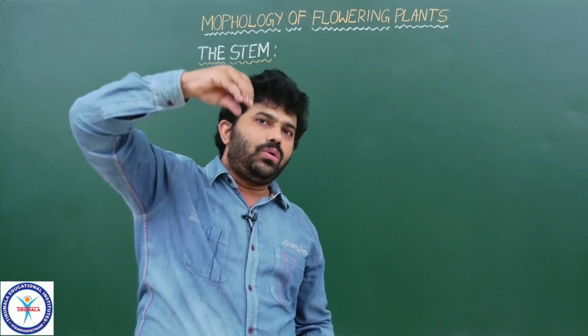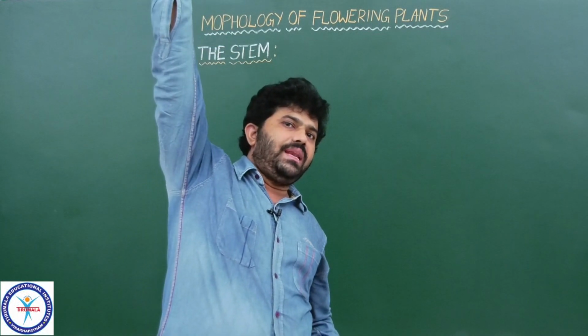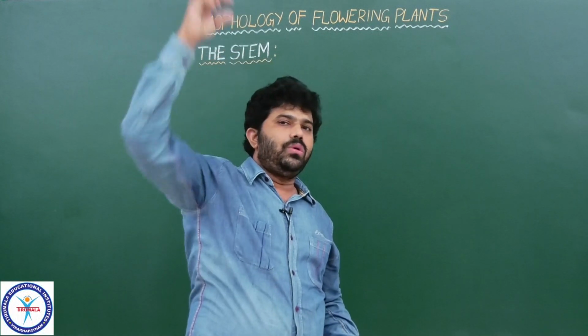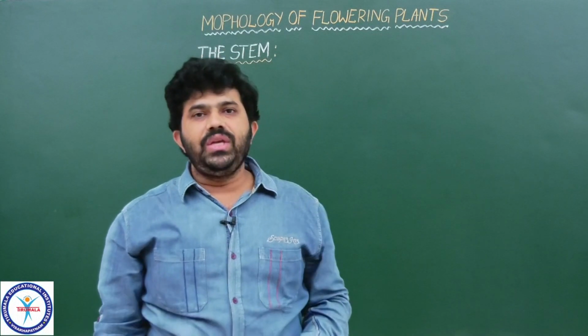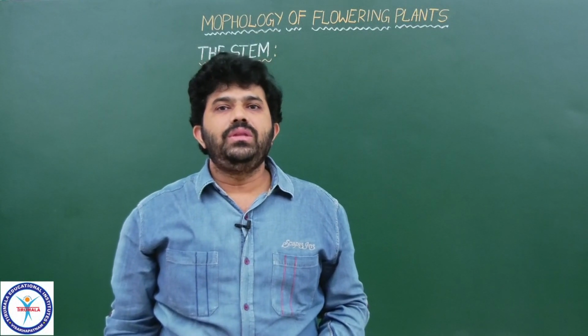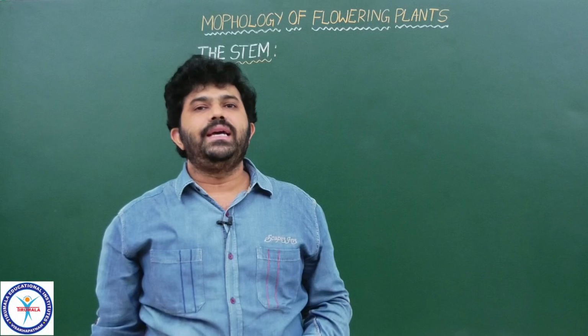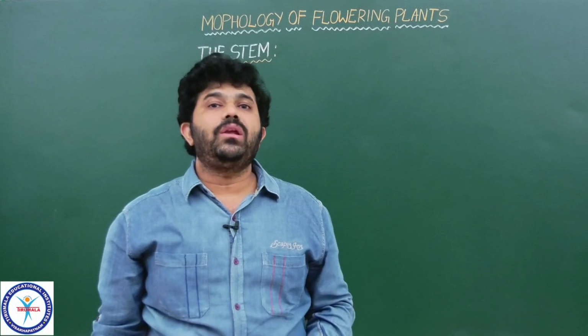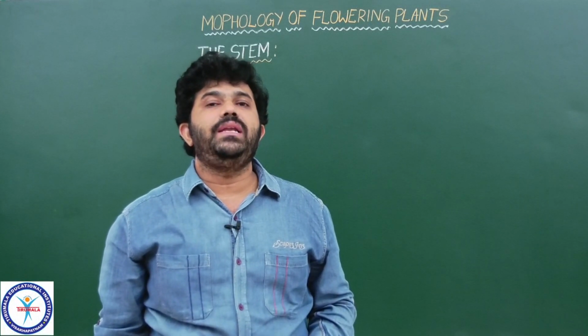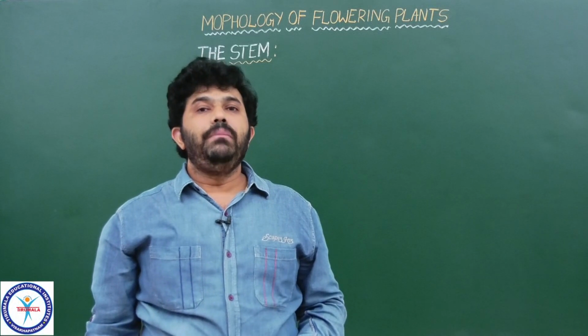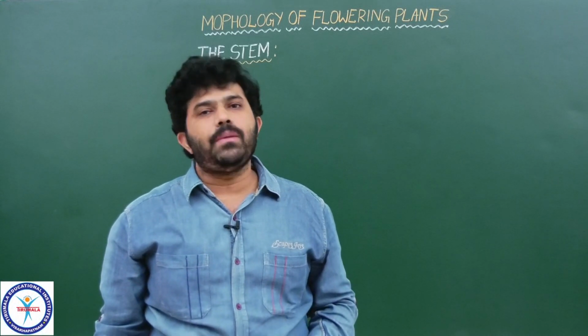These nodes are very important for producing different organs and structures needed for making a shoot system in the plant body.